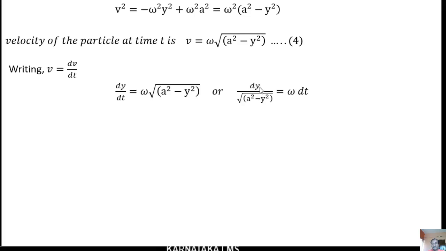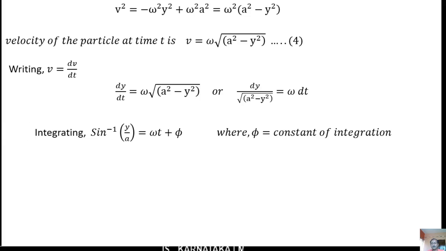Or simply, when it comes in the denominator, just cross multiply, interchange these two factors, we get dy upon square root of a square minus y square, which is equal to omega into dt.